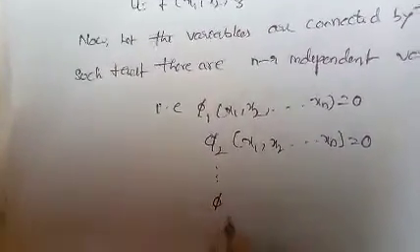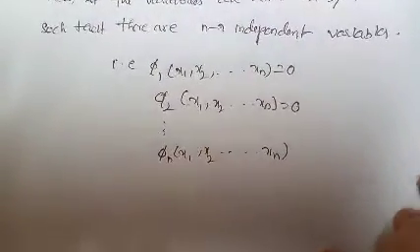The last one is pi r of x1, x2 and so on xn equal to 0.